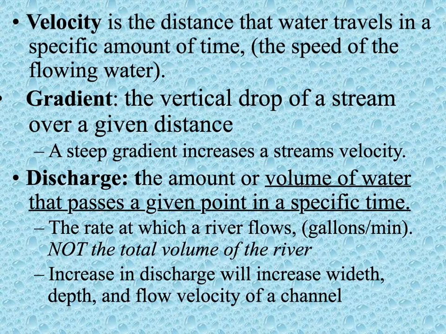So again, here you're talking about some type of rate. So I like the little statement down here, rate at which a river flows. That's discharge in a nutshell. Okay, I'll give you 2 minutes to finish this slide, then we'll continue.